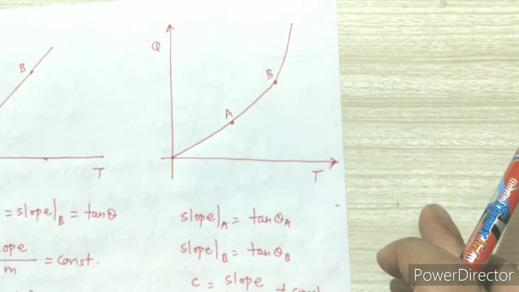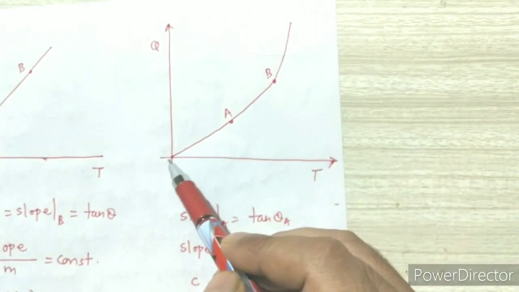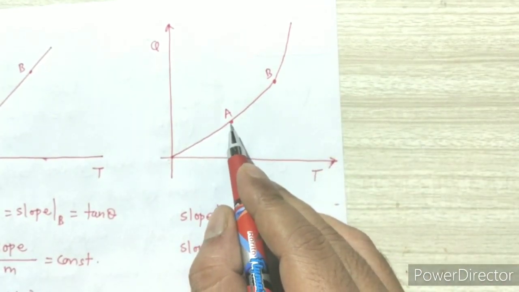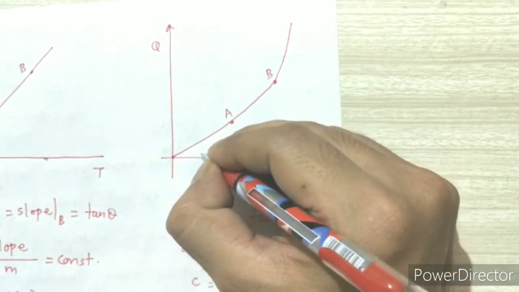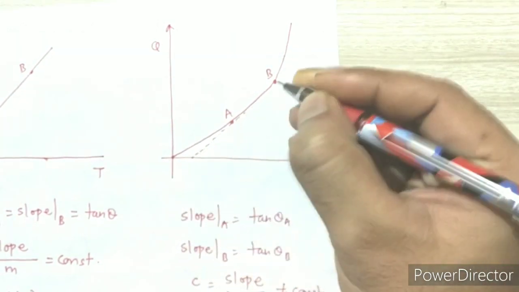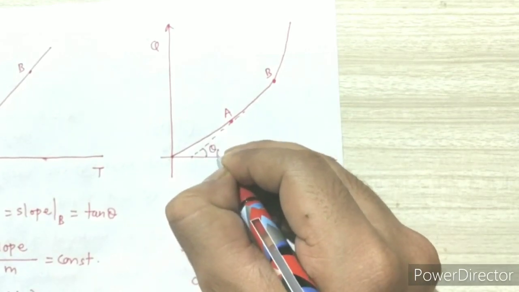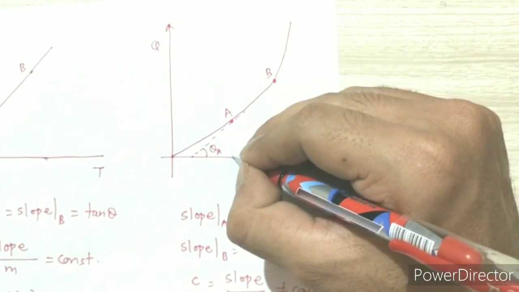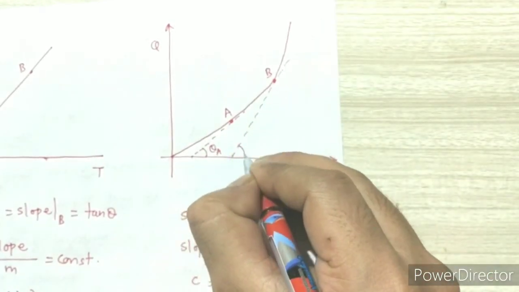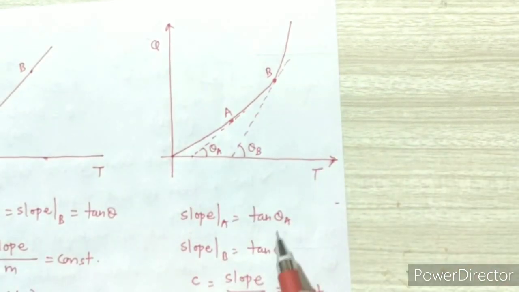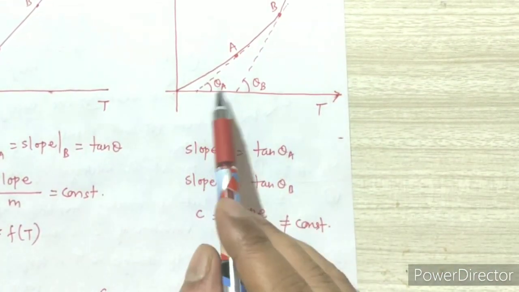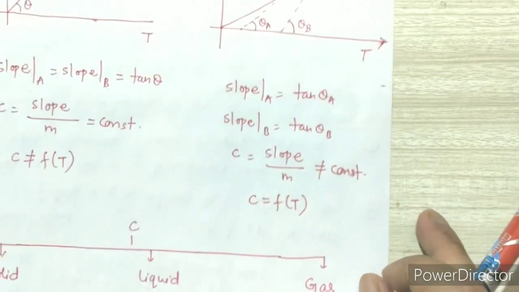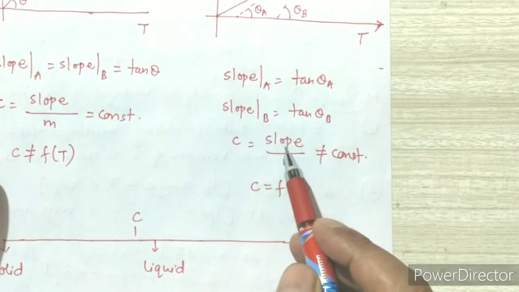And see in situation number 2, the Q versus T graph is given. Here, to find the slope at point A, draw a tangent. This is our theta A, and draw a tangent at point B, this is theta B. The slope at A equals tan theta A and the slope at B equals tan theta B. Again apply the formula of specific heat: specific heat equals slope by m.